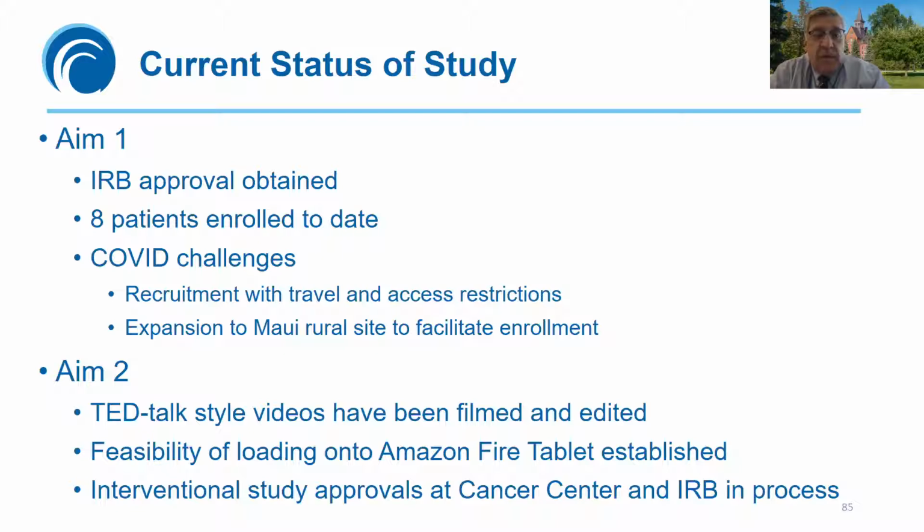For aim 2, we've already made the TED Talk style videos. We've figured out how to load them onto the Amazon Fire tablet, as long as we add a little extra memory, because we use up all the memory on the base model of the Amazon Fire otherwise. And the study approvals for the IRB are in process for aim 2 as we speak.